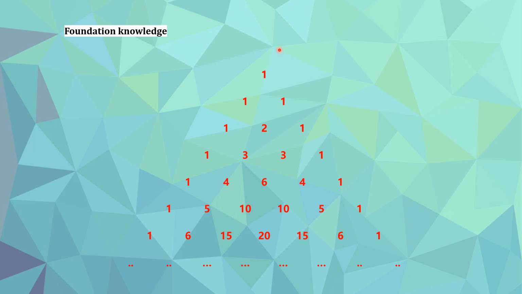Pascal is a French man, and he's not just a mathematician, he's also a philosopher and inventor. Yanghui was born at least 400 years before Pascal to identify this geometric arrangement of binomial coefficients in a triangle way.